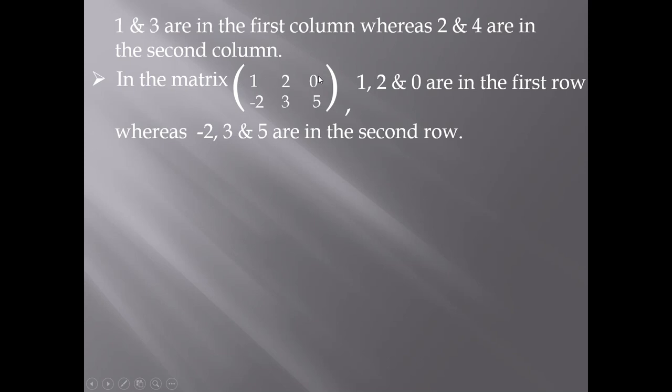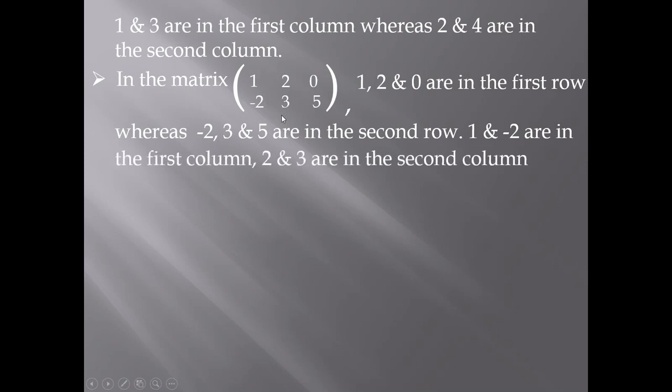So this is our first row, second row. Now this one here is our first column. This is column 1, this is column 2, and this is column 3.